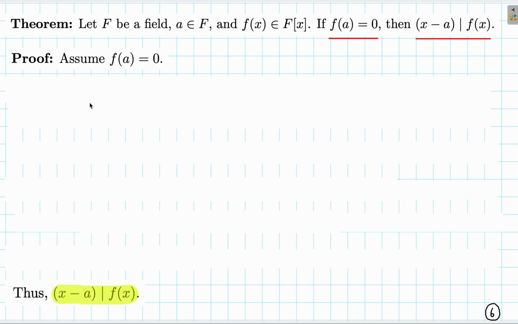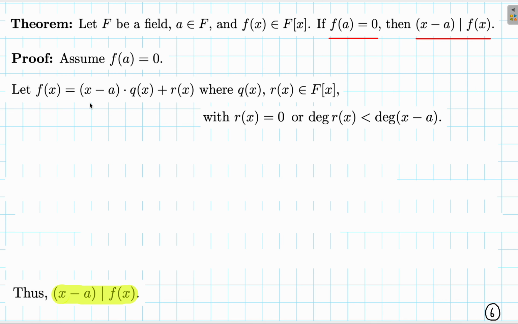So more precisely, we use the division algorithm and let f of x be x minus a times q of x plus r of x, where q of x is a quotient, r of x is the remainder polynomial, with a certain restriction on the remainder. Namely, it's either equal to the 0 polynomial or its degree is less than the degree of the divisor x minus a.